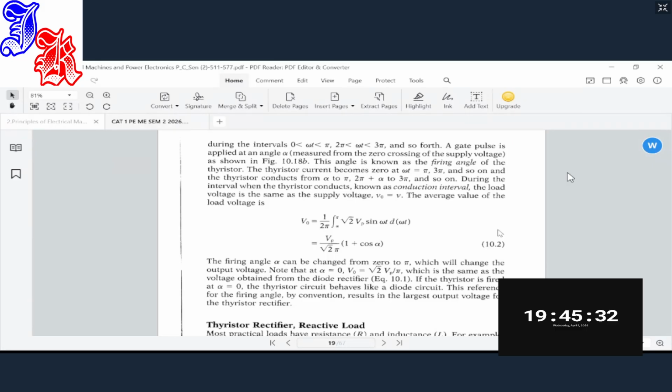If you are told that this is purely resistive and the resistance is 10 ohms, what will be the current? And what will also be the power?